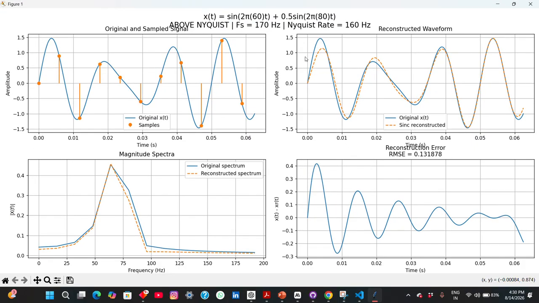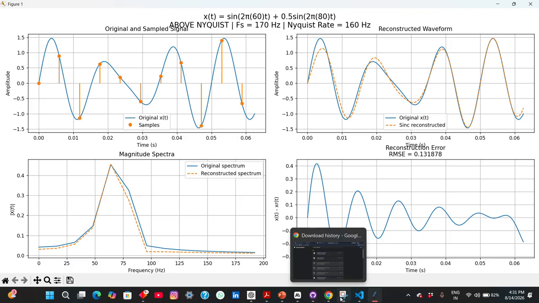We will get the reconstructed signal like this. So we can see we took a sampling frequency above the Nyquist rate: the Nyquist rate is 160 Hz, but we take a sampling frequency of 170 Hz. So it is oversampling, but we are still getting distortion. Now the reconstruction error is 0.131878, and this is the magnitude spectrum.